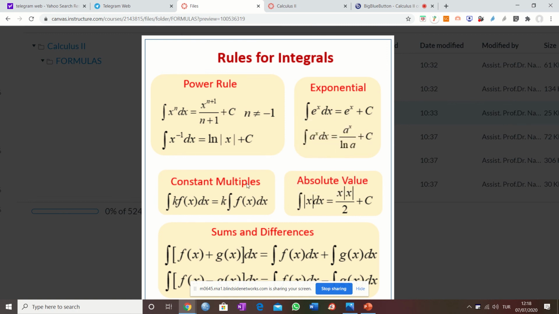Constant multiples: like derivatives, in integrals we have constant multiples, and before taking the integral or derivative, we can have them in front of our symbol here. So we can multiply k on the outside here, and we can find the derivative of this function f, and then multiply with k. Here there are sum and difference formulas.